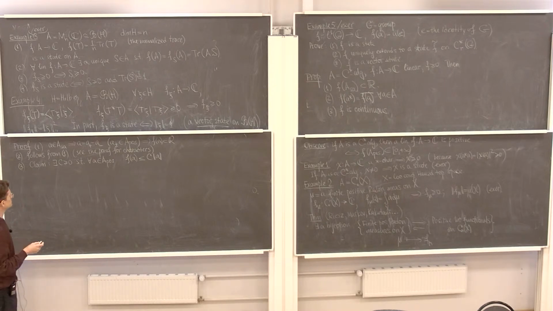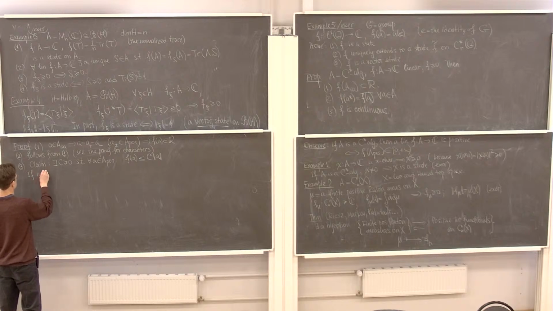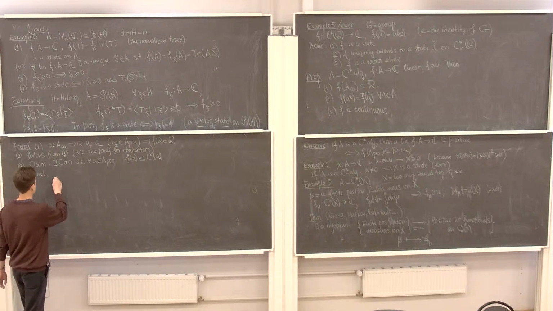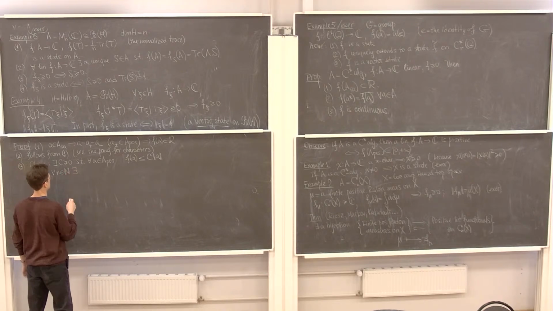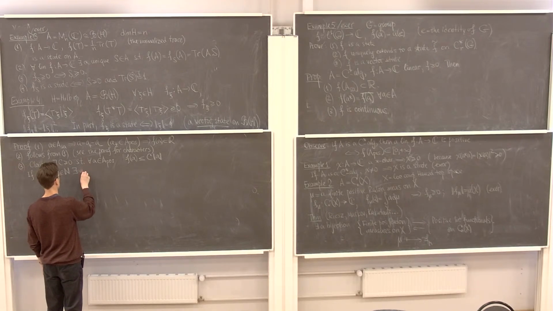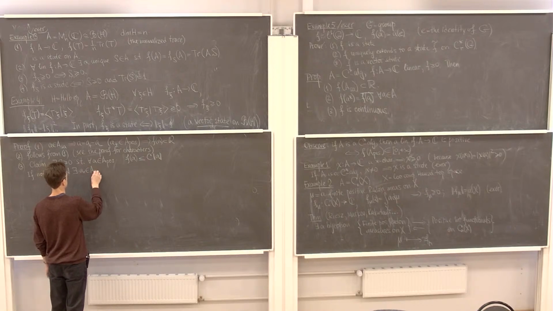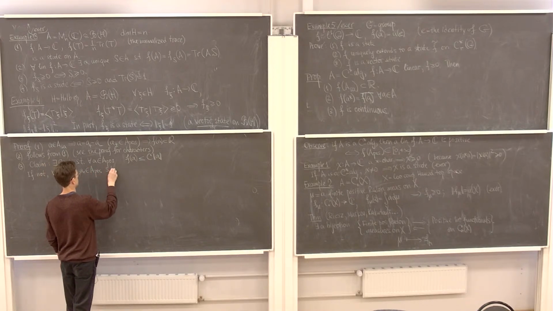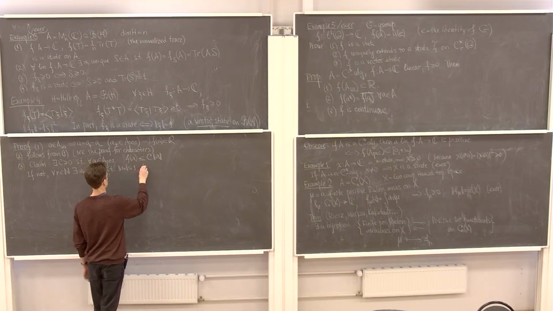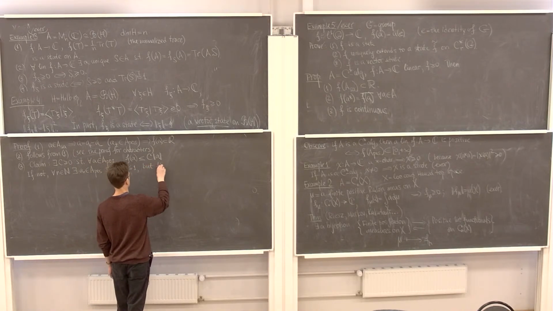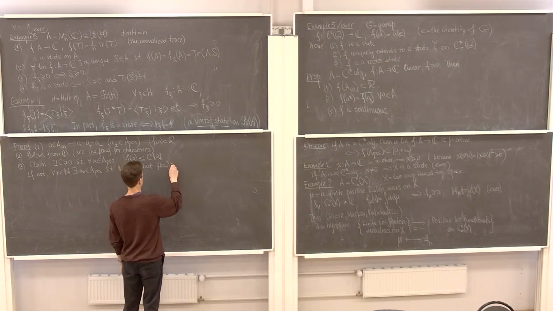Why is it so? Well, if this is not the case, then for every natural number n, we can find a positive element a_n such that the norm of a_n is less than or equal to 1, but f of a_n is greater than or equal to, say, 4 to the power n.